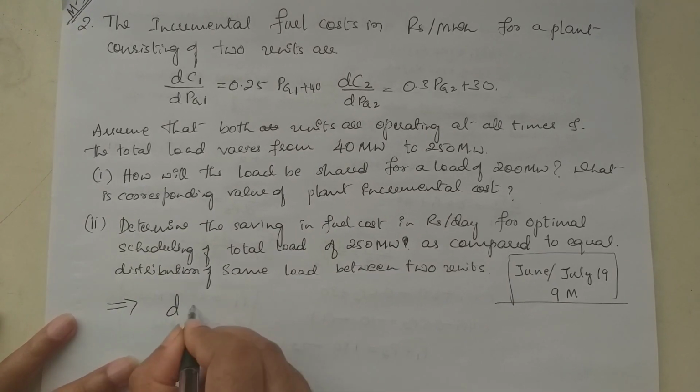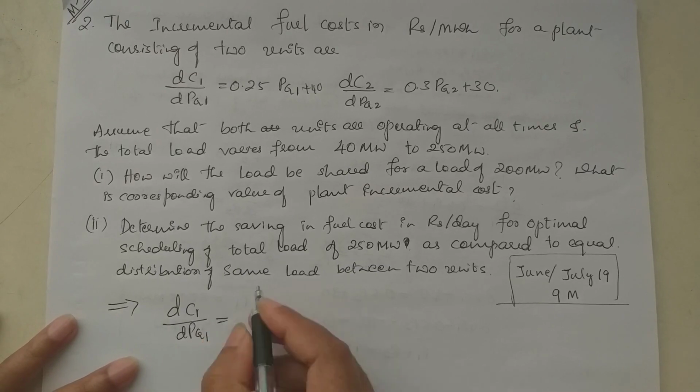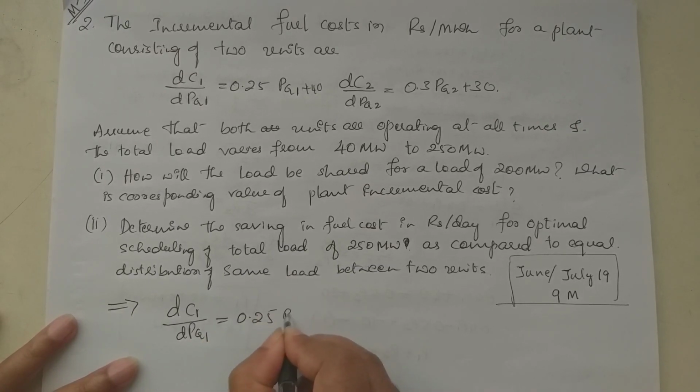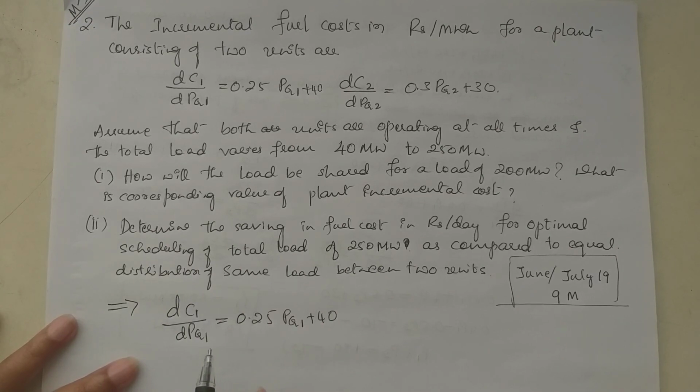As a solution, dC1 divided by dPg1 is equal to 0.25 Pg1 plus 40. We know that dC1 divided by dPg1 is equal to dC2 divided by dPg2, neglecting transmission losses.